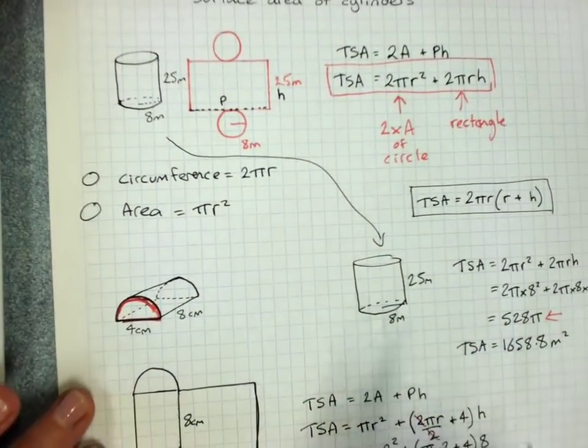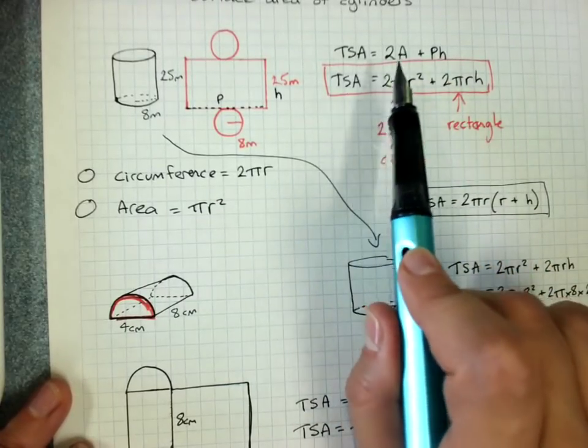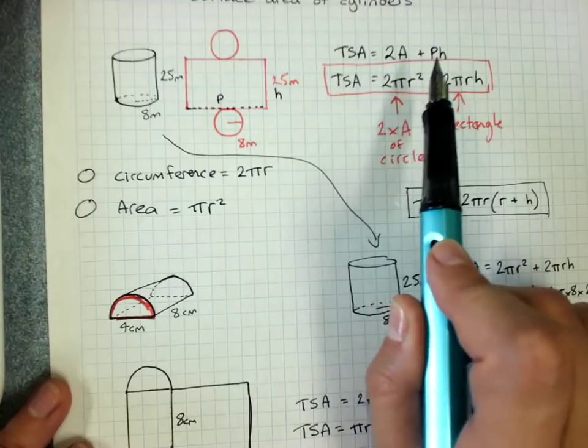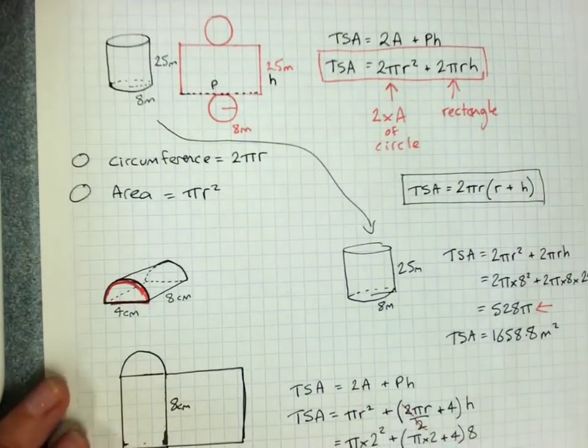So it's all coming down to using that total surface area is 2 lots of the area plus the perimeter times the height, just adapting it for the situation of a cylinder.